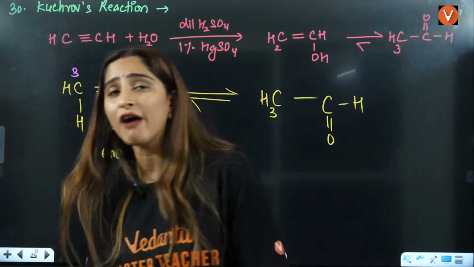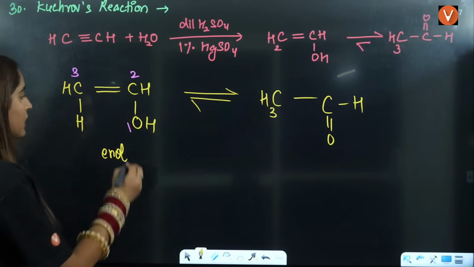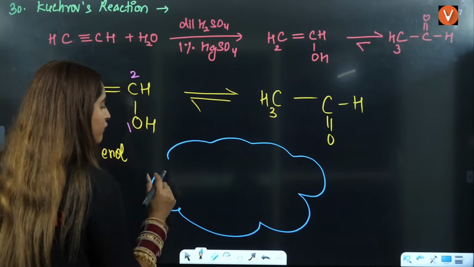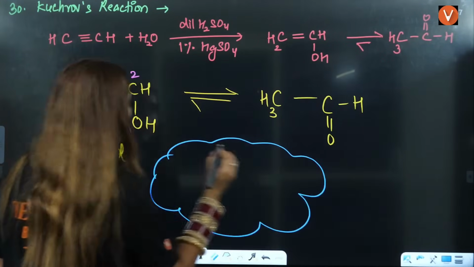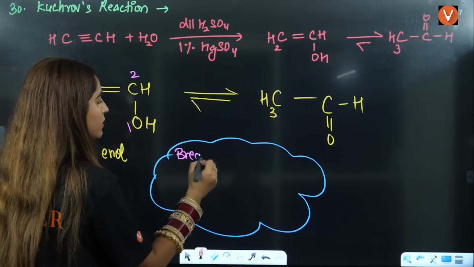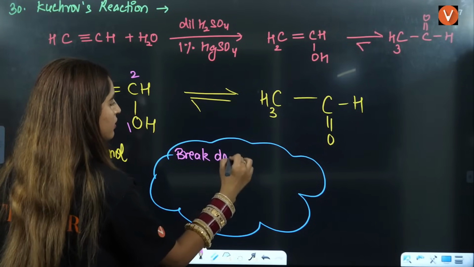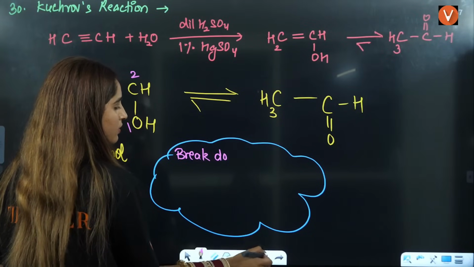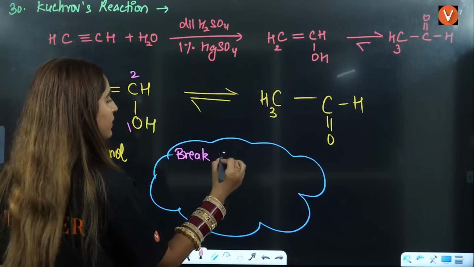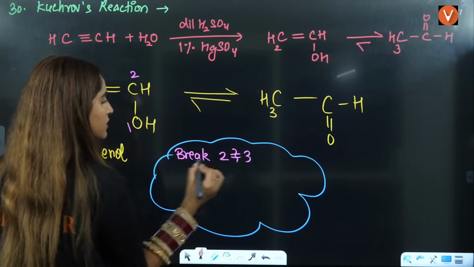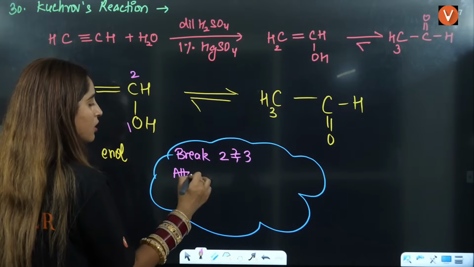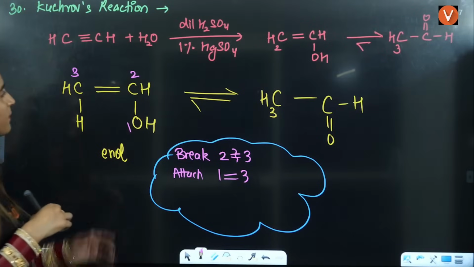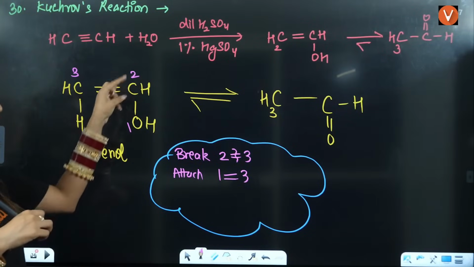Got it? What you have to do, I am writing it here again in the form of steps: break the double bond of 2 and 3, attach the double bond to 1 and 2.